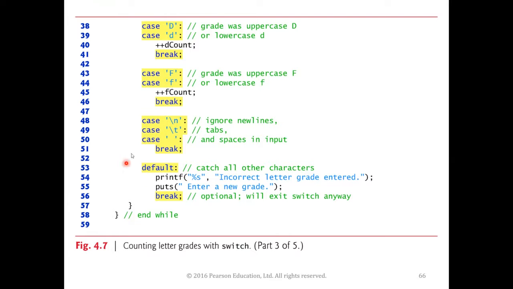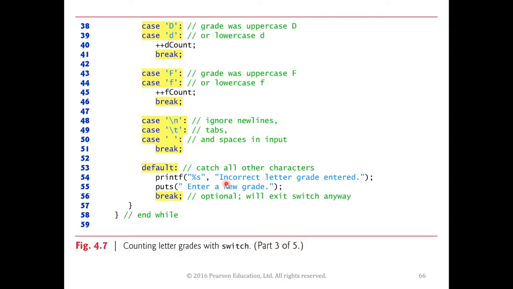Okay. Now, what is our default value? So in case we don't get one of our letter grades as input, or if we do not get any \n or \t, then what our program is going to do is print this string: incorrect letter grade entered.